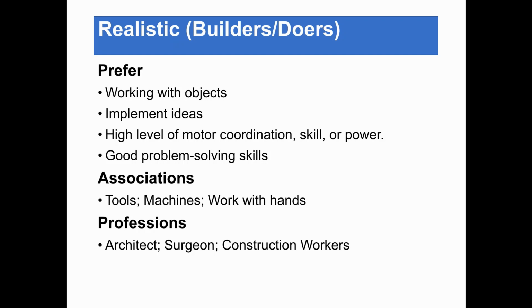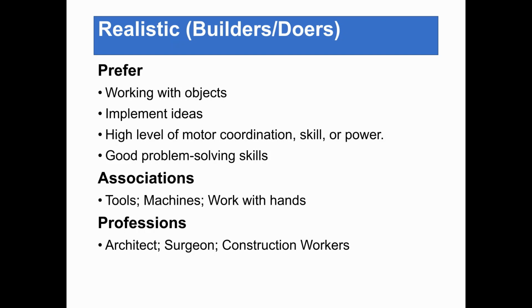What kind of associations can we link with realistic vocational themes? Something like tools or machines, or people who can work with their hands. In terms of profession, I would say someone like an architect, a surgeon, or a construction worker. If you just think in terms of profession, these professions are far apart.